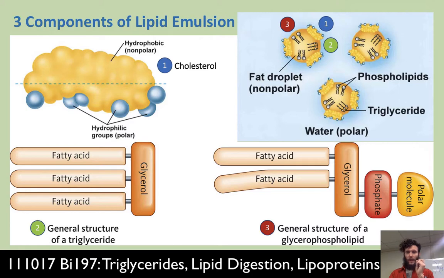All right, and we can see here in the cartoon on the top right-hand corner, you have a little bit of a fat droplet, and it's been emulsified because there are these molecules of bile salts that have been stuck on the surface. But in between them, filling in the gaps, we have the glycerophospholipids and also some triglycerides.